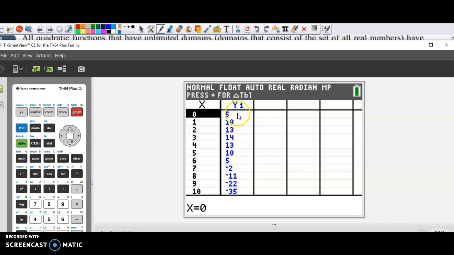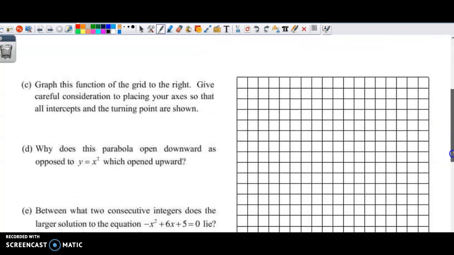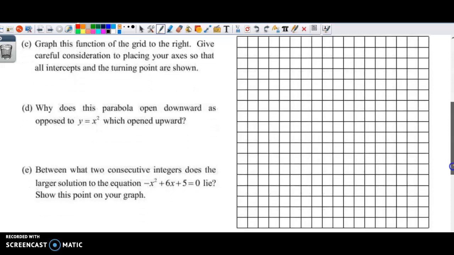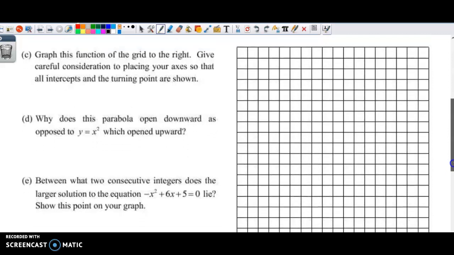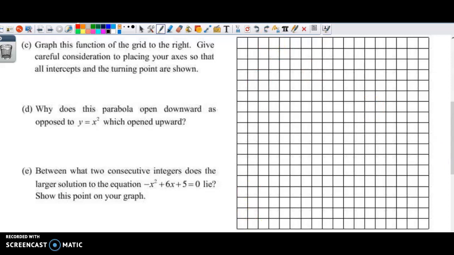What would make something the vertex is, you see how I'm increasing first. I'm looking at the y values, I should clarify. I'm going up, and then I start to go down. Now if you didn't know that that was where we're turning, you can always plot these points, like (0, 5), (1, 10), which I believe they're asking you to do here.